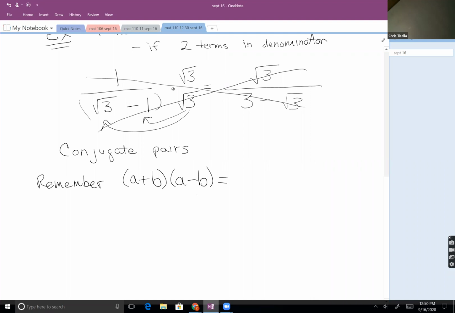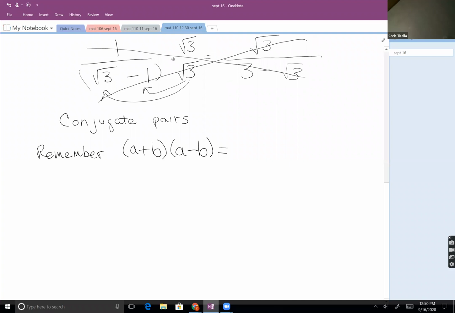Does anybody remember multiplying something like this out before? Yes, doesn't something cancel? Yeah, something cancels. If we were to multiply this out, are you FOILers? Do you use FOIL to multiply? Or did you learn a box method? Okay, I'm hearing both, so we'll do this both ways.